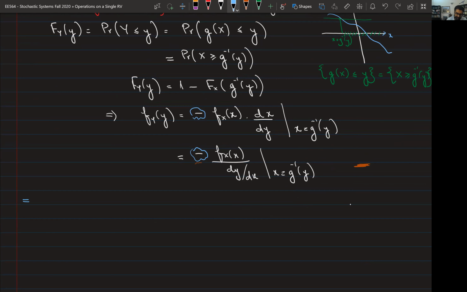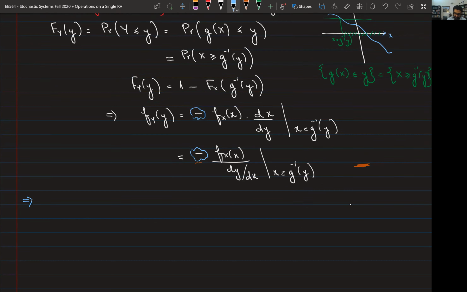The key here is that if the function is monotonically decreasing, the slopes are negative. So dx by dy is negative as well as dy by dx, because the function is decreasing. Monotonically decreasing, the slope always stays negative. So I can have the minus sign inside, and this minus times the slope becomes positive.